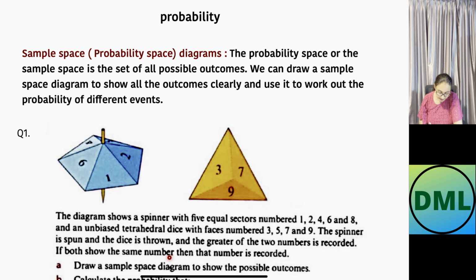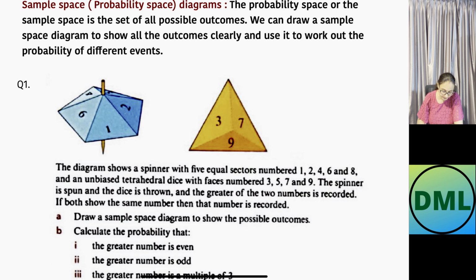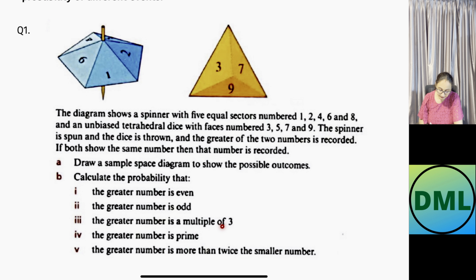If both show the same number, then that number is recorded. Draw a sample space diagram to show all the possible outcomes. Calculate the probability that the greater number is even, the greater number is odd, the greater number is a multiple of 3, the greater number is prime, and the greater number is more than twice the smaller number.